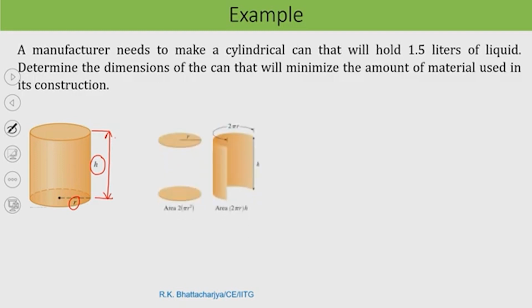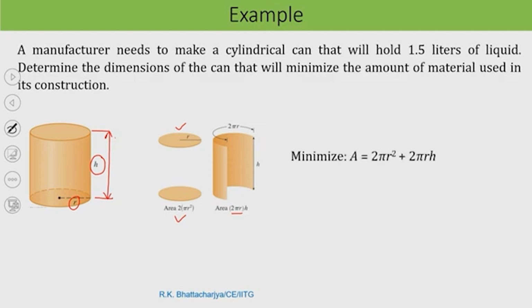Now, if I consider the material cost, that means the surface area of this can. The lateral area is twice pi r into h, and then we have to take the material used at the top and the bottom. That is pi r square at each, so twice pi r square.